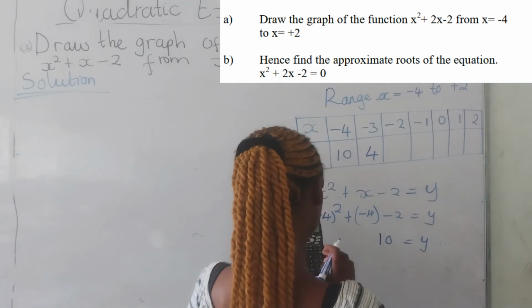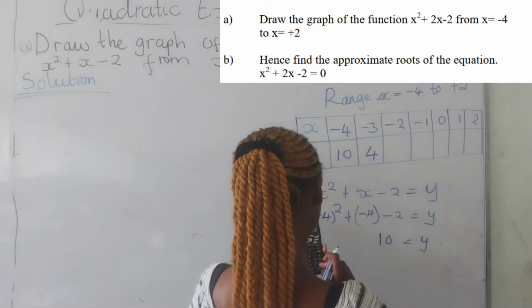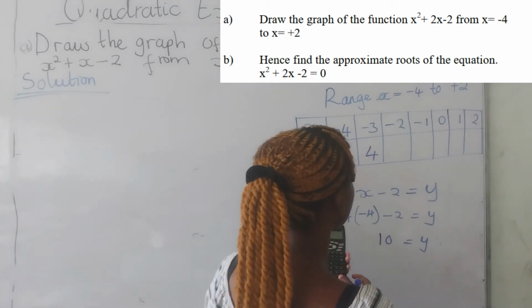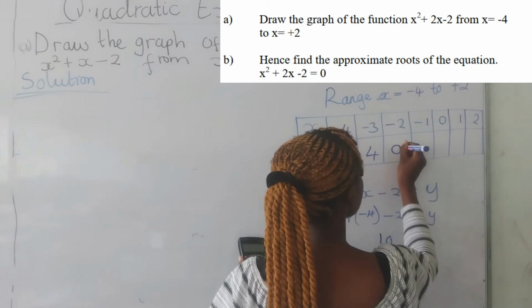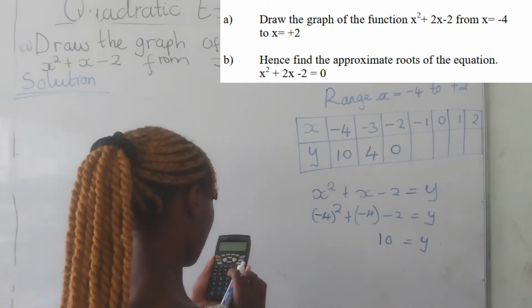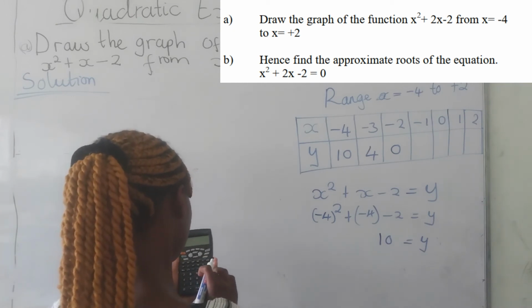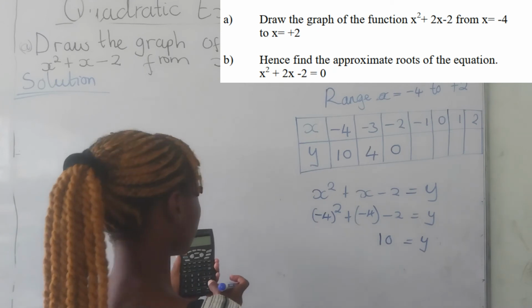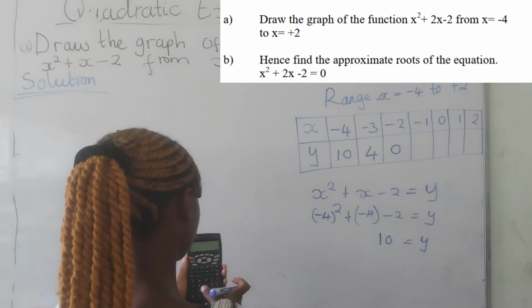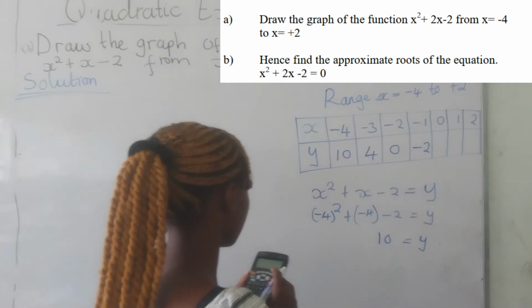Minus 2 squared plus bracket minus 2, minus 2. Okay, you get 0 here. Okay, we simplify for minus 1: minus 1 squared plus minus 1, minus 2. Minus 2 here.